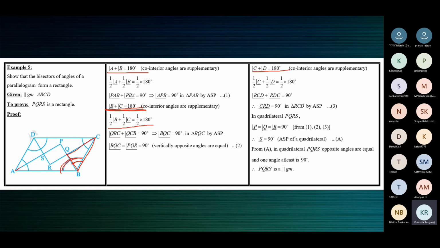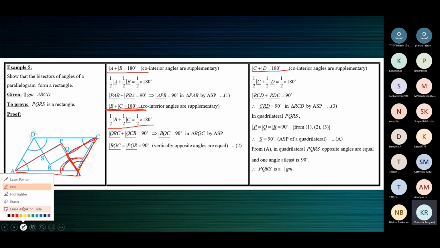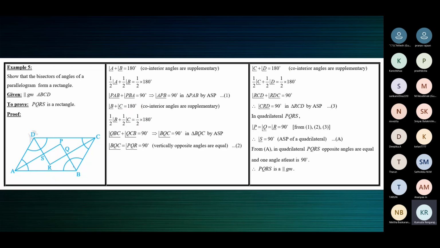See, first we took up this triangle APB. Now this triangle QBC. So half of angle B is this portion. Half of angle C is this portion, which can be named as QBC and QCB. Half of 180 is 90.